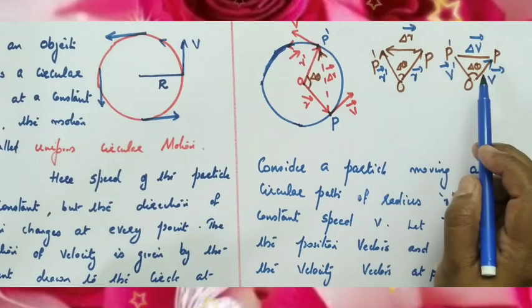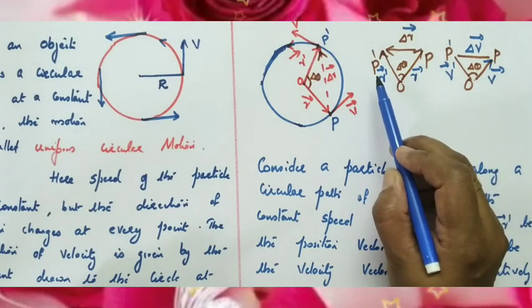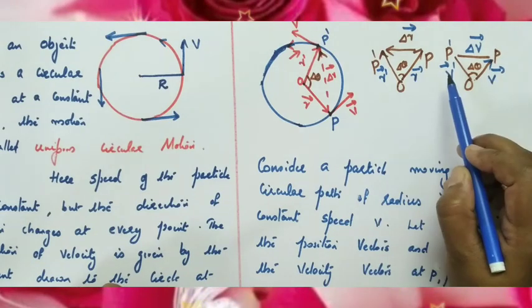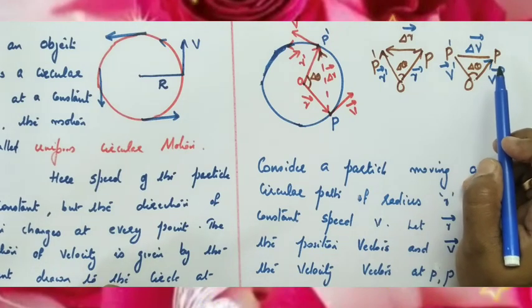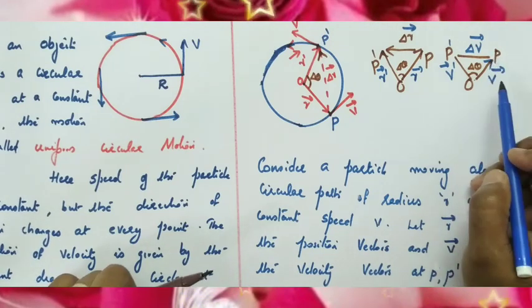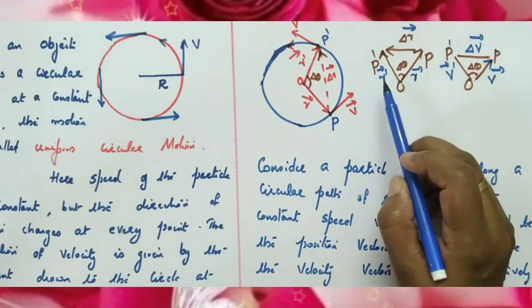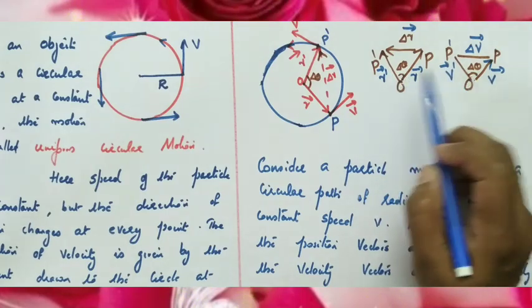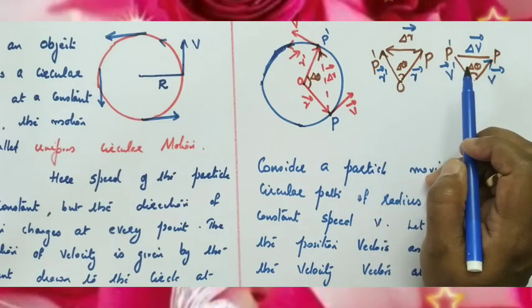They are similar because magnitude wise r and r dash are equal. Here also magnitude wise vector v and vector v dash are equal. In a uniform circular motion, speed remains constant. So v and v dash magnitude remains the same, r and r dash magnitude remains the same, and the corresponding angle delta theta is also the same in both triangles. Therefore, these two triangles are similar.